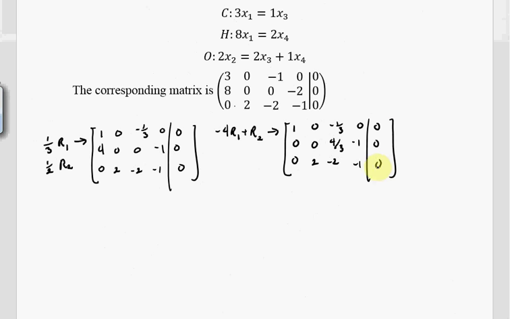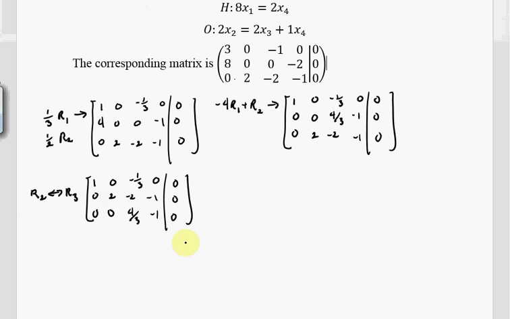Right? Now I'm going to interchange rows 2 and 3. So here we'll get our 1 at A22.